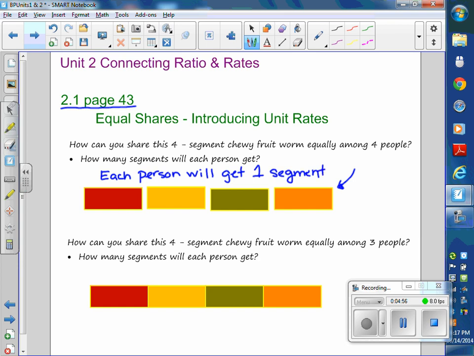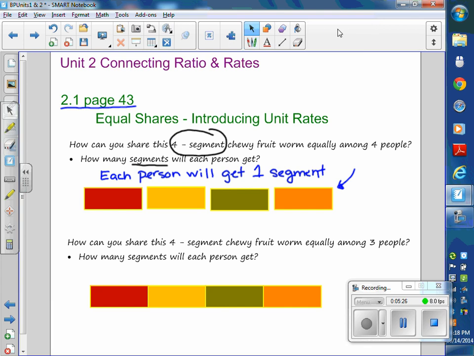So 1 segment per person. So in this problem, the hardest part about this unit is that worm had 4 segments. So it's asking how many segments will each person get. It doesn't ask you what fraction of the worm a person gets.